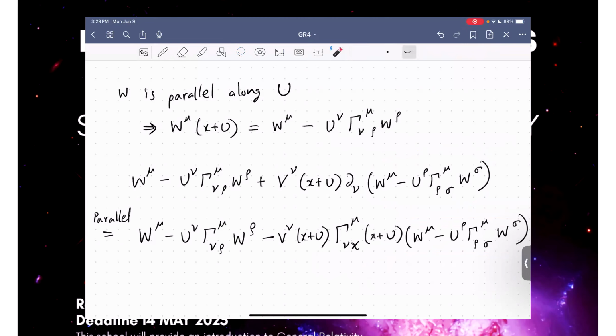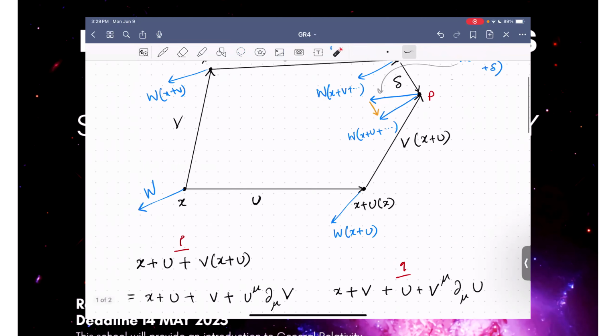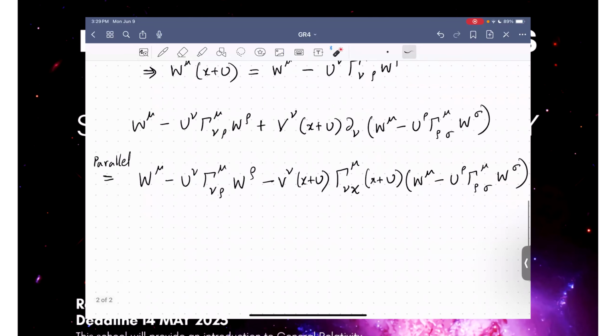The only thing that you have to be careful about here is that the Christoffel symbol also has to be evaluated at the same point as your source. So here, right? So at x plus u, and that's it.